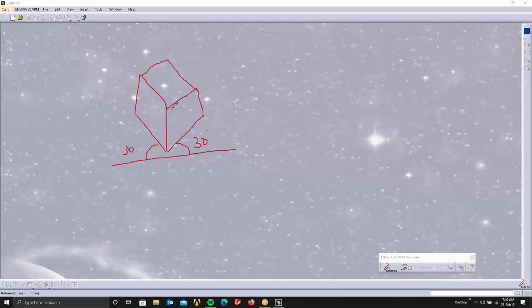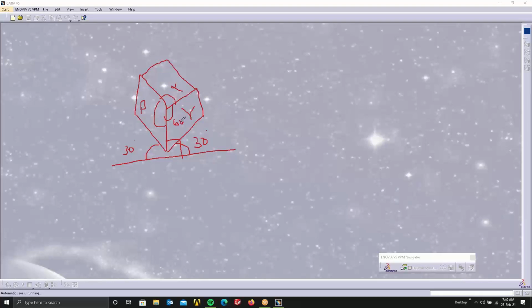So here we have alpha, beta, gamma. If this is 90 degrees, then 90 minus 30 is how much? 60. But what can be 60?